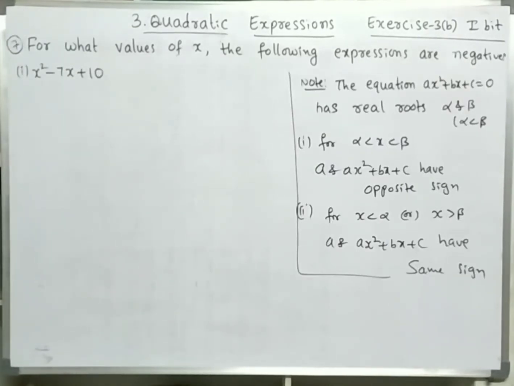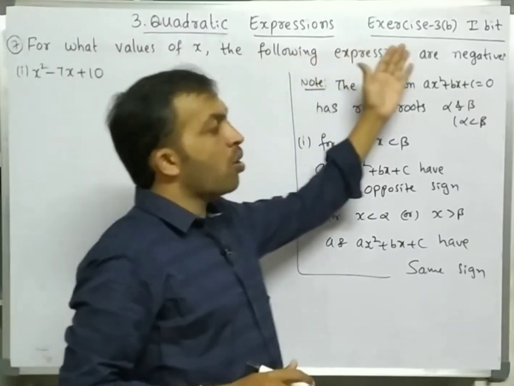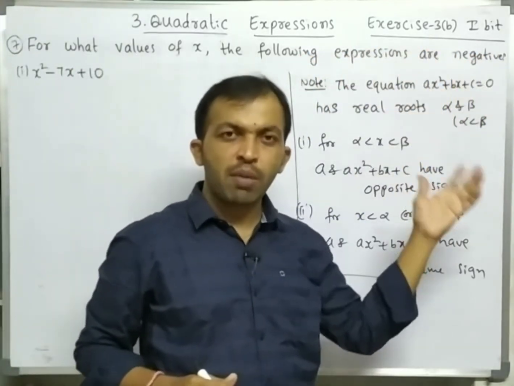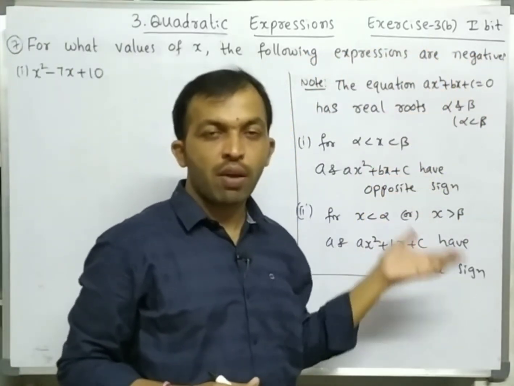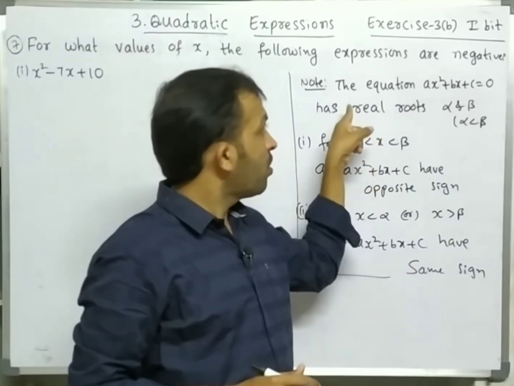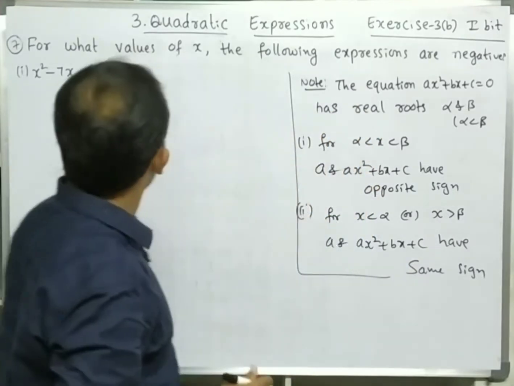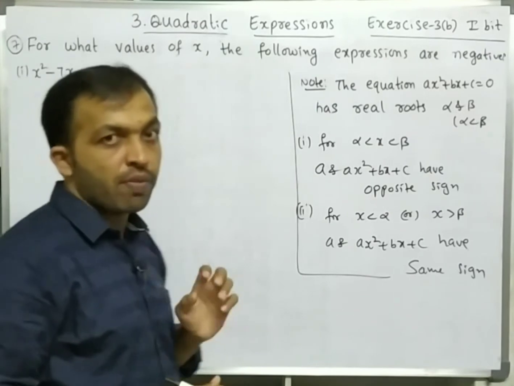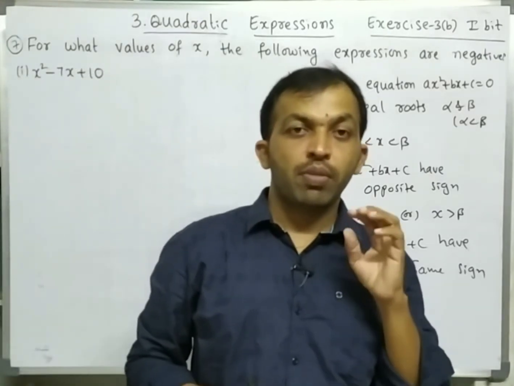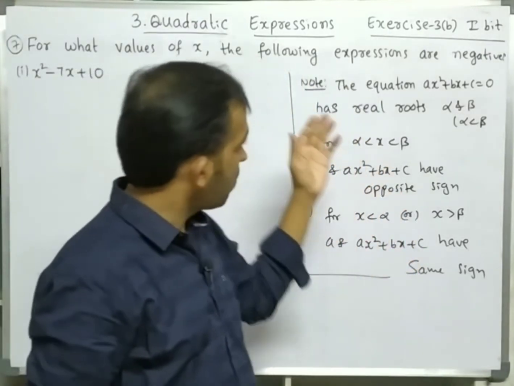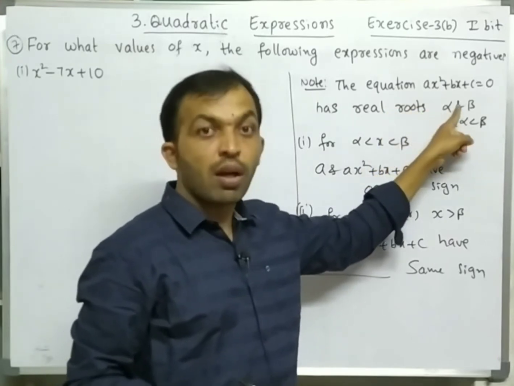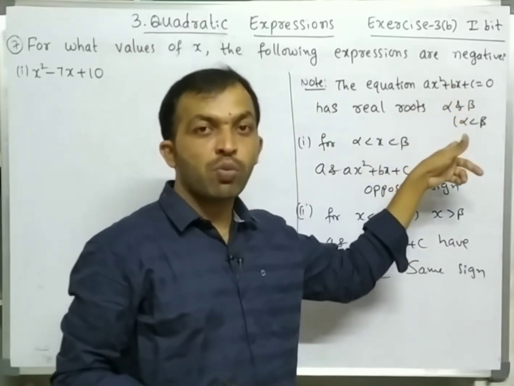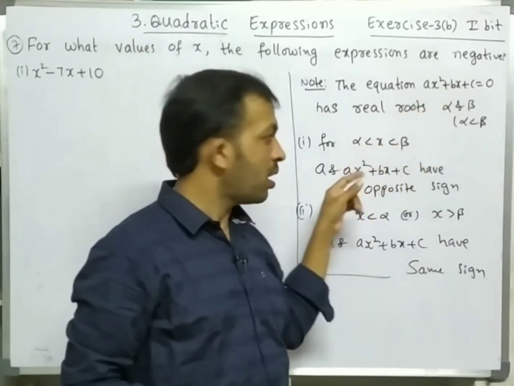Next, seventh problem: for what values of x are the following expressions negative. Same concept, same points we have to apply. In this bit, for all problems we will get real roots only. If the roots are real, those are alpha and beta. The smaller root is alpha and the bigger root is beta.